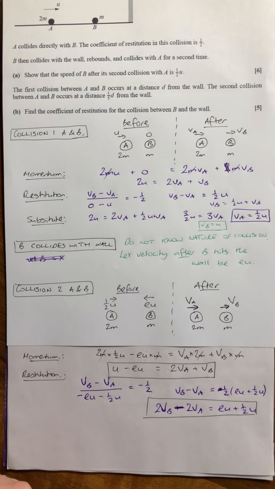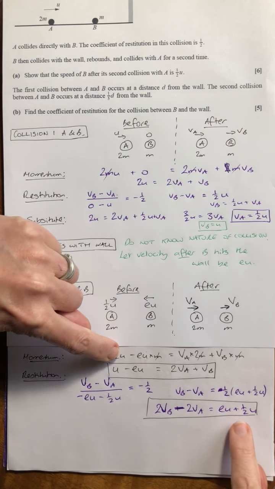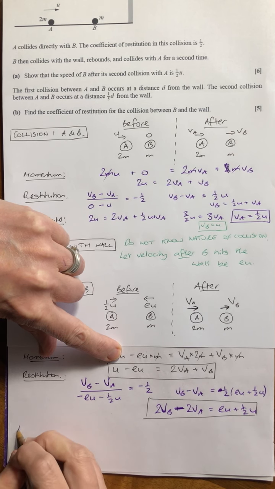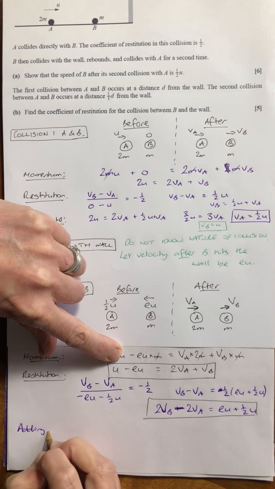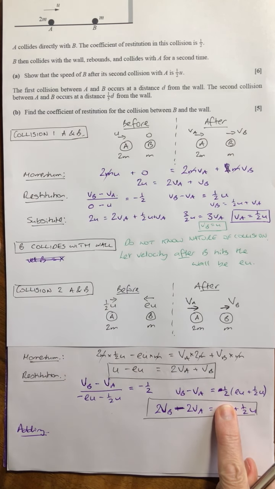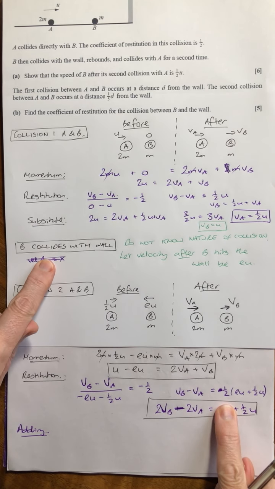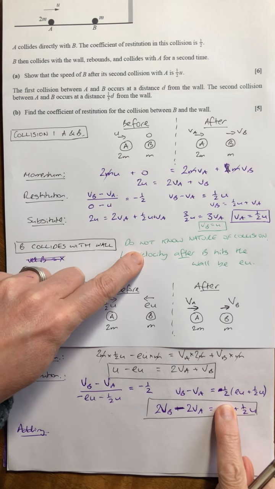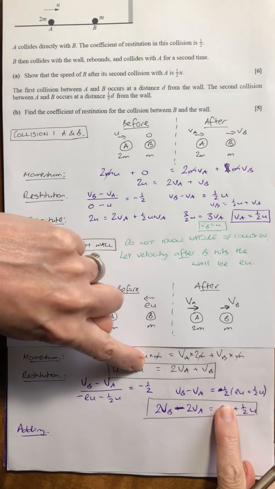And if you look, I'm not even going to do any rearranging. If I just add those two, so adding, sorry, it's a bit inconvenient, left-hand side and right-hand side, the EU's cancel. So remember back to when I said it doesn't matter what you call that, it would just straight cancel.